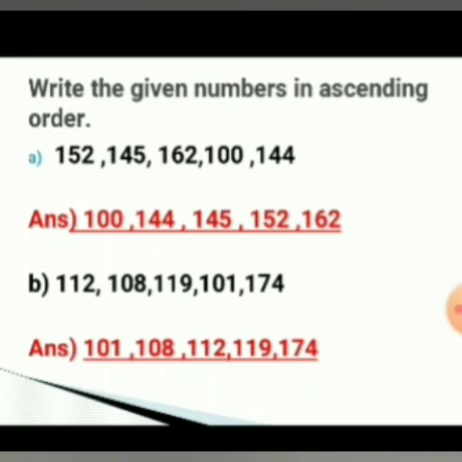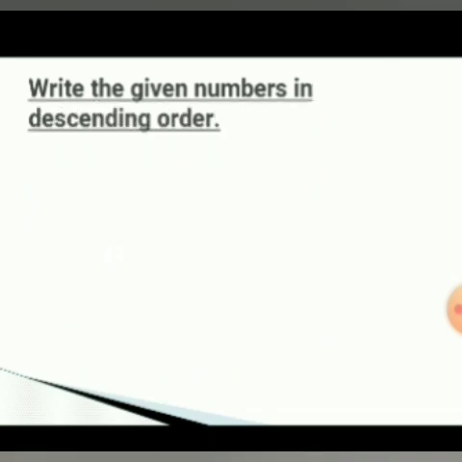Similarly, we will be doing descending order, from increasing to decreasing order. That is, from bigger to smaller we will do it. So here there are some numbers: 157, 198, 144, 132, and the last one is 176.